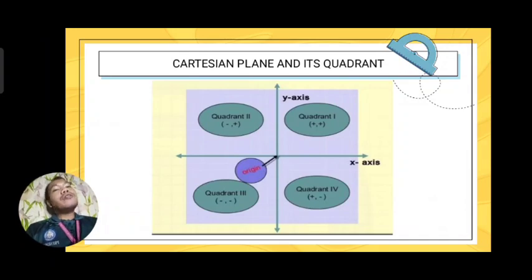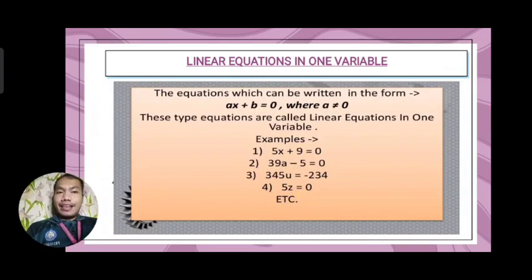In the second quadrant, the value of our x is negative and the value of our y is positive. Next, in the third quadrant, the value of our x is negative, same with our y. In the fourth quadrant, the value of our x is positive and the value of our y is negative.